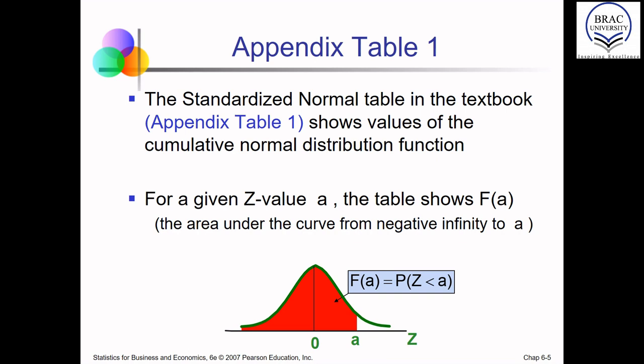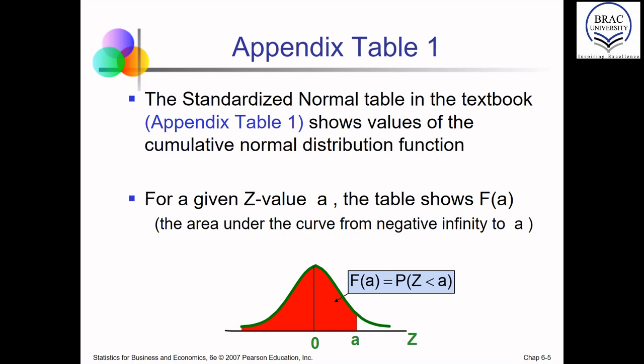Appendix table number 1, the standardized normal table, or the Z distribution table in the textbook, shows values of the cumulative normal distribution function. If you go to the very end of your book, the 8th edition, in the appendix section, you will find table number 1. Table number 1 is your cumulative normal distributions table, where you will find all the probabilities listed.